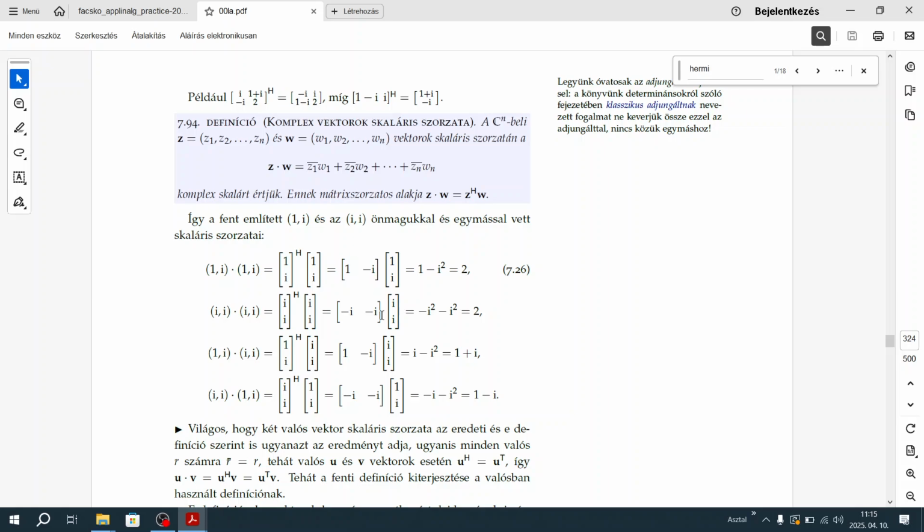It's too small, I think, but you can see what I mean. You do the conjugate. Do you remember this conjugate stuff with complex numbers?